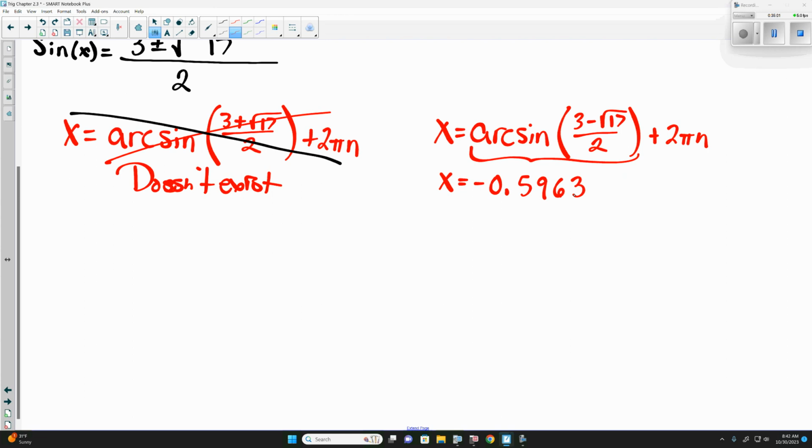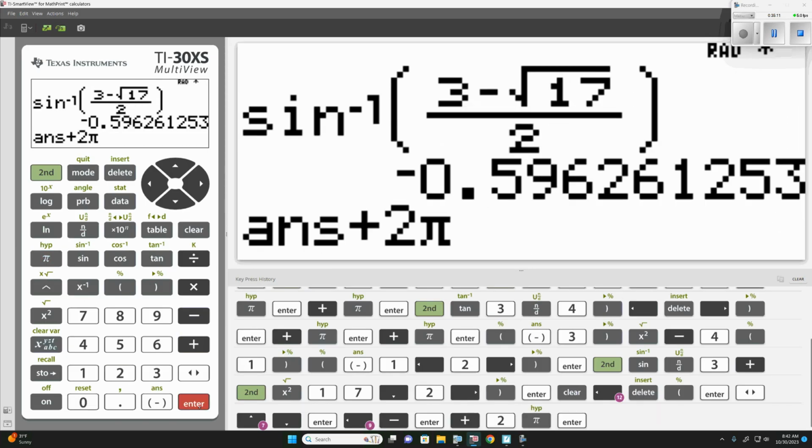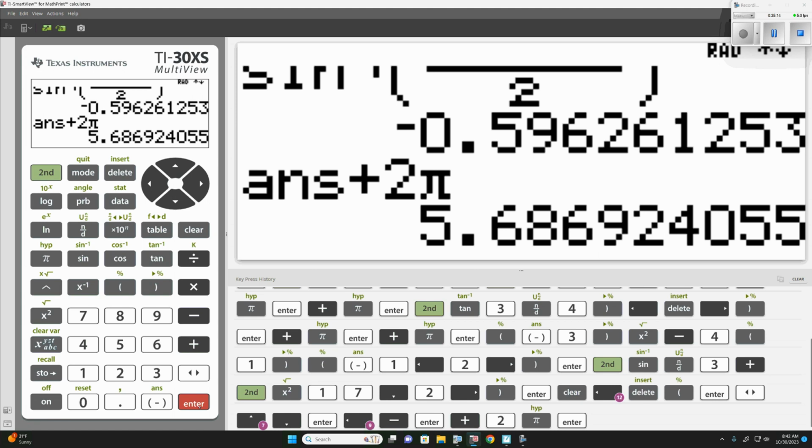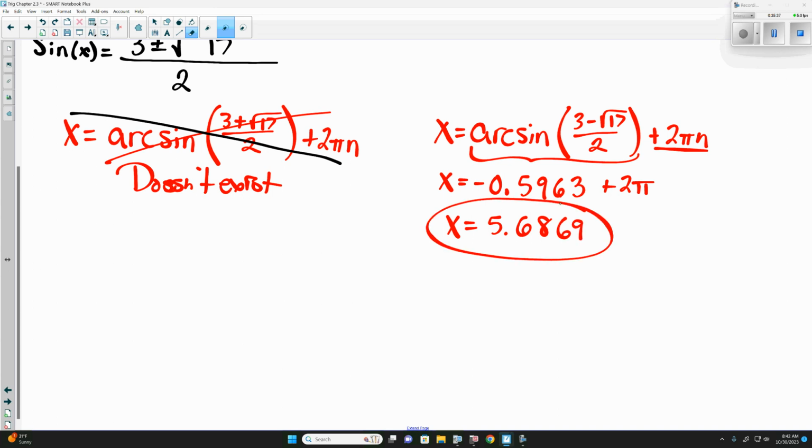It ends up saying that we just add 2 pi to get it back in between 0 and 2 pi. That gives 5.689, or 5.68692. Almost. And we get this here.